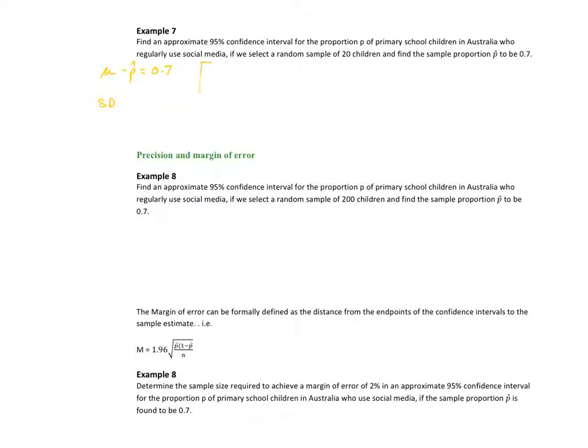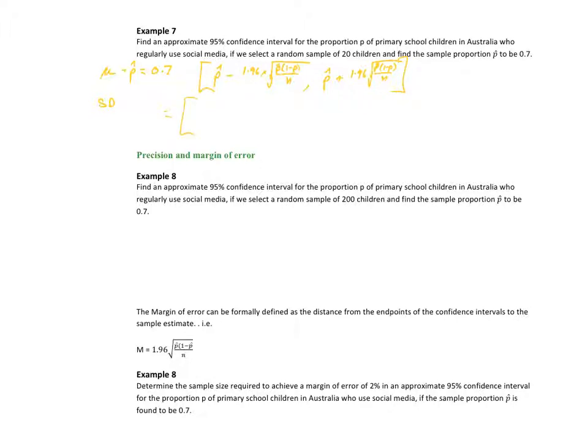So my 95% confidence interval is p minus 1.96 times the square root of p times 1 minus p over n, to p plus 1.96 times the square root of p times 1 minus p over n.